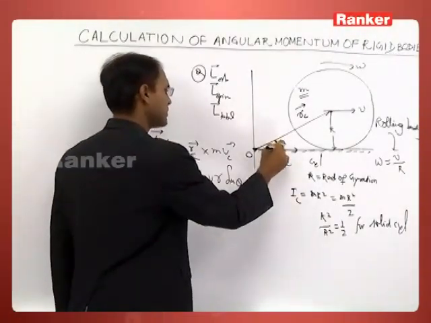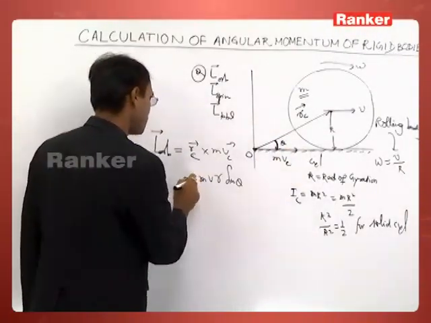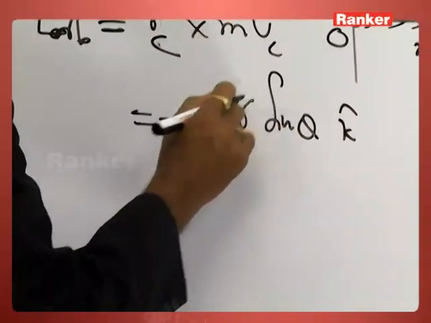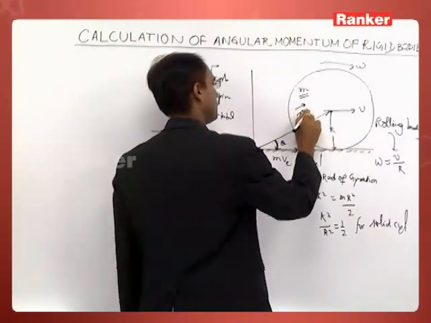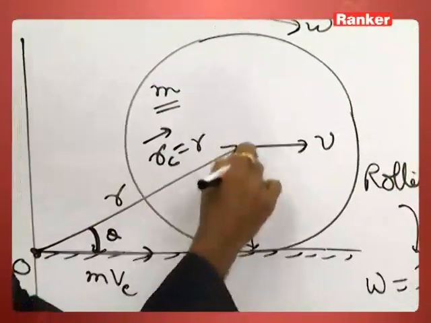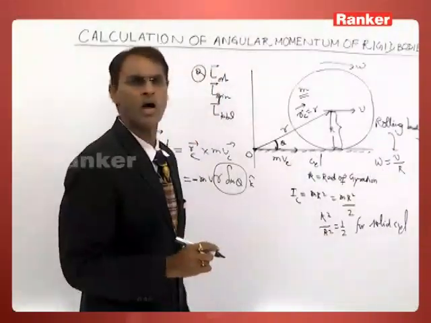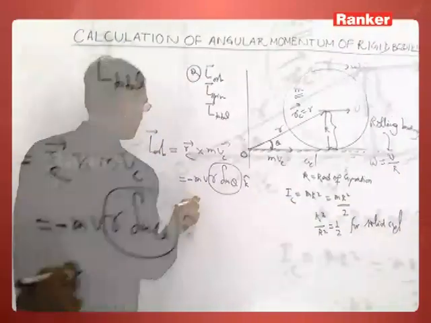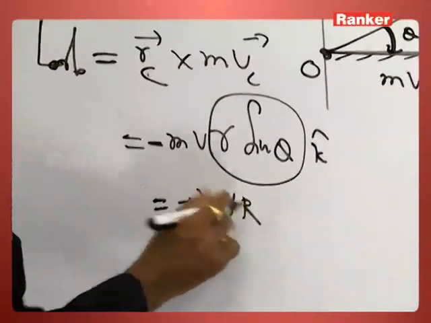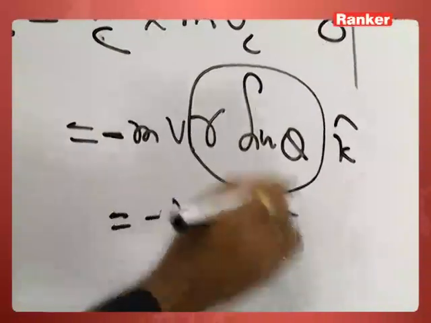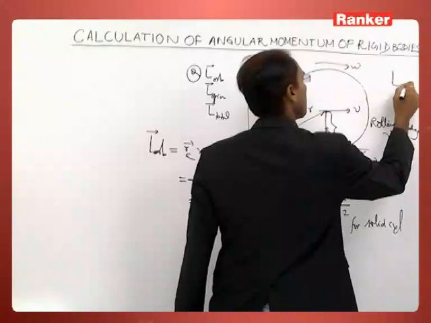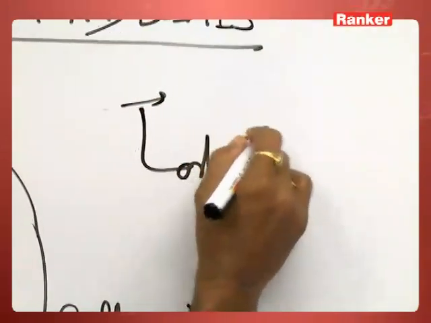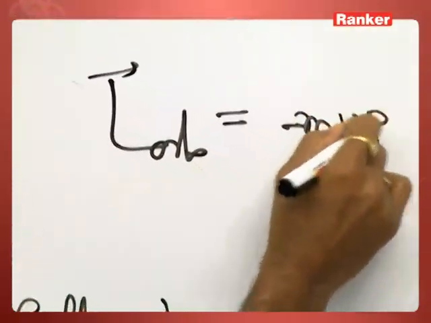Direction of R cross MVC is minus k cap. But this quantity R sin theta is none other than the radius of the rolling object. That's equal to minus MVR k cap. So we can write orbital angular momentum is equal to minus MVR k cap.